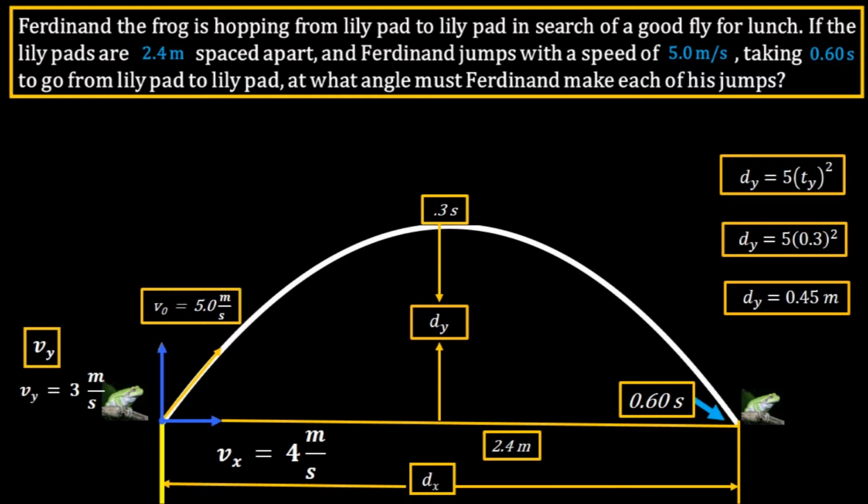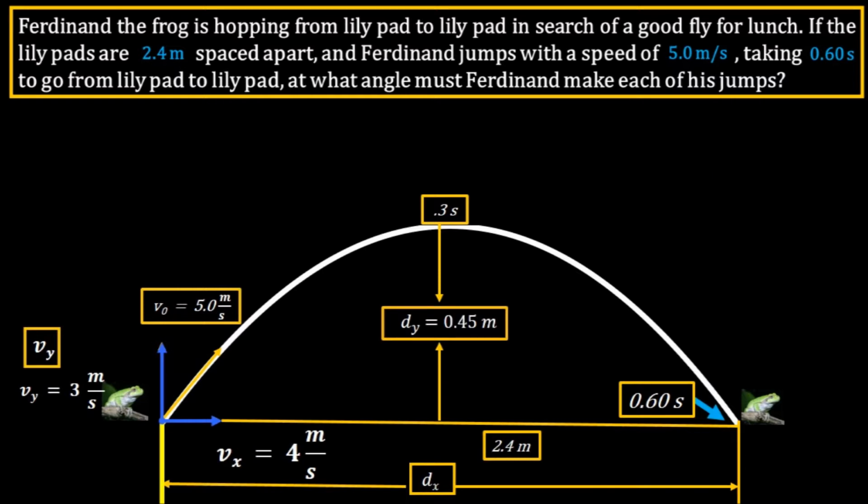All that's left now is the angle. So the angle will be the arctangent of 3/4, and that will finish it. So what is the arctangent of 0.75? I'm going to plug in vy and vx. By the way, you didn't really have to do dy or ty, but you like to do things completely to make sure everything makes sense anyway.